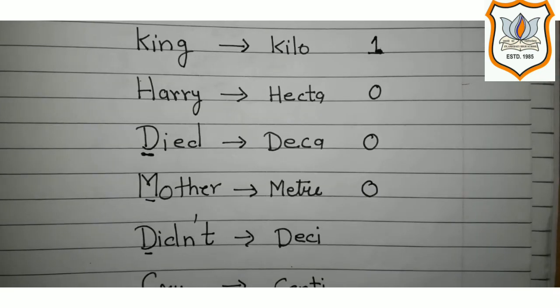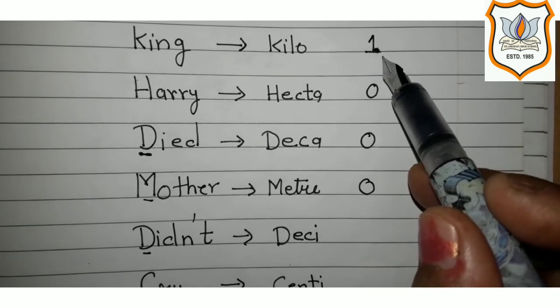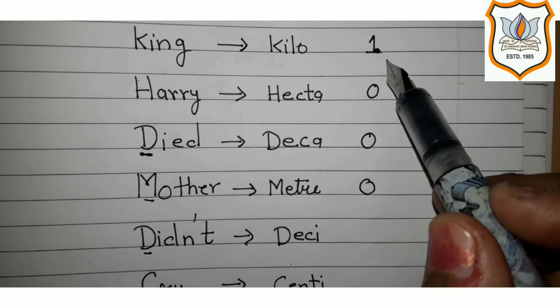Now there is always a difference of one zero between each of these. Let me simplify it with an example. If you are asked how many meters are there in 1 kilometer, I will simply put the coefficient of 1 kilometer given in the question over here. The coefficient of 1 kilometer is 1.